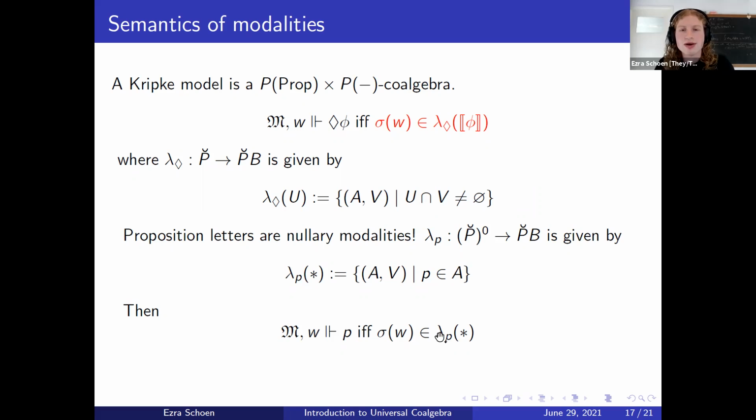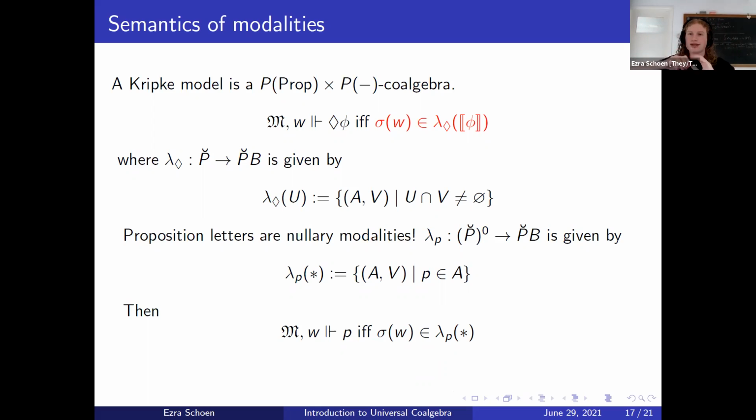So here, lambda P is some set of possible unfoldings. W is a world, and so we first take its unfolding, and that has two components. It tells you which proposition letters are true there and what the successors are. Also, sigma is not the propositions. Sigma is the coalgebra map.